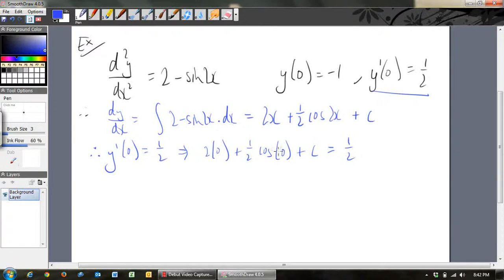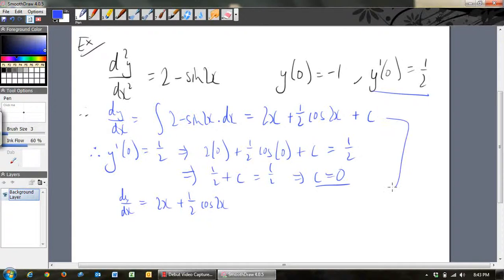Cos of 0 is 1. Therefore, we've got half plus c equals half, which tells us that c is equal to 0. That's a bit boring. Never mind. So dy/dx is equal to 2x plus half cos 2x.